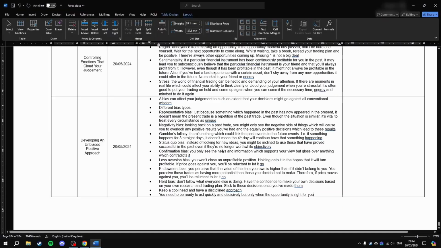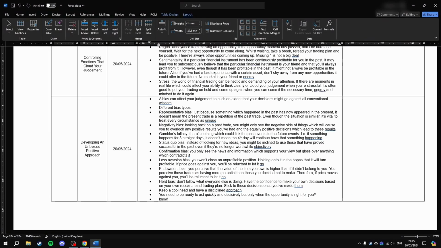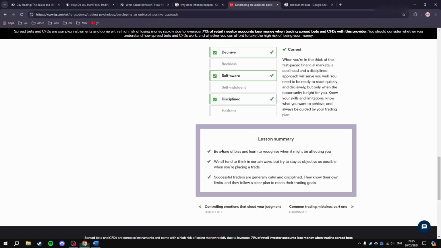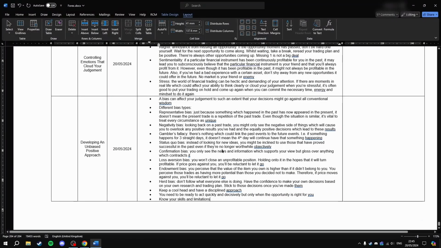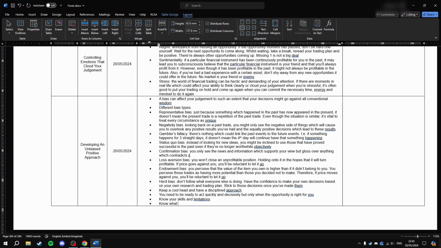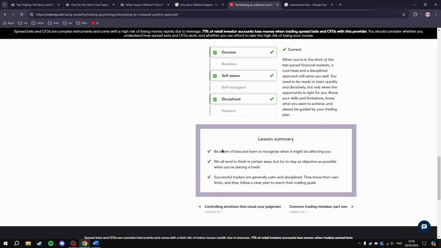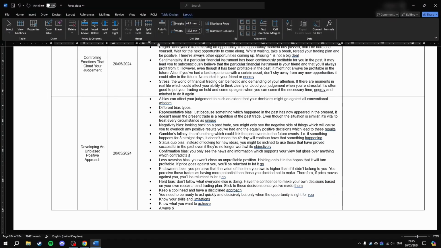Know your skills and limitations. Know what you want to achieve. And always be guided by a trading plan. Always follow your trading plan.